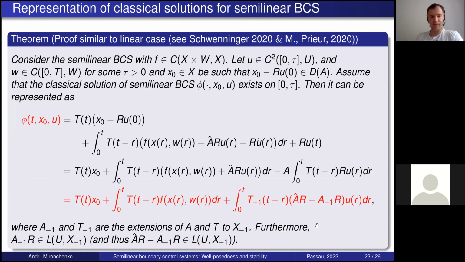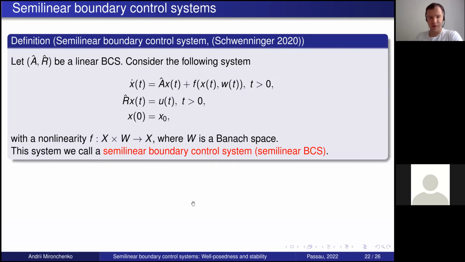Andrii, can I ask a question here? Yes. Comparing the two red things, so you have phi of t, x0, u on the left. Yes. And then the red integral terms, and there in the second integral, we have f of x of r. Okay, what is x? Is x equal to phi then? Yes, right. x is equal to phi, and also we have here now the input w.